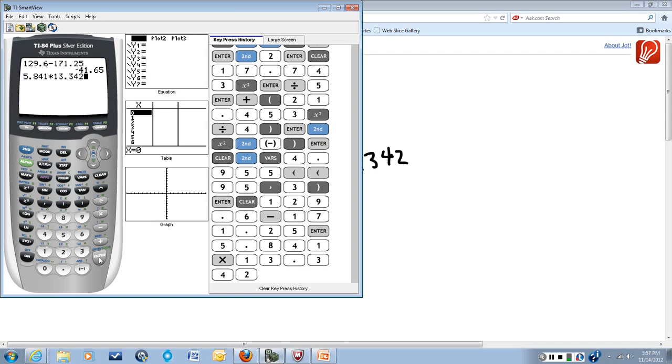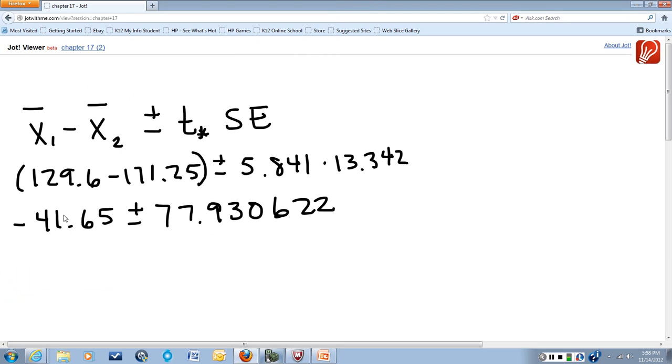And when we do that, we get 77.930622. So here we have the numbers to construct our confidence interval, and then we'll go ahead and do those calculations so we can have a confidence interval here, rounded to 3 places.